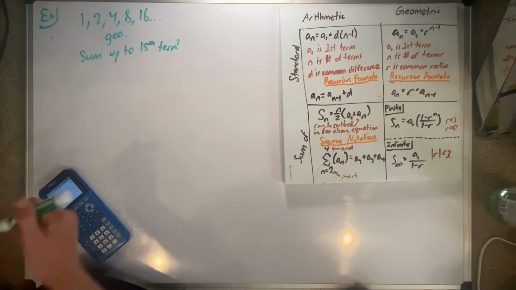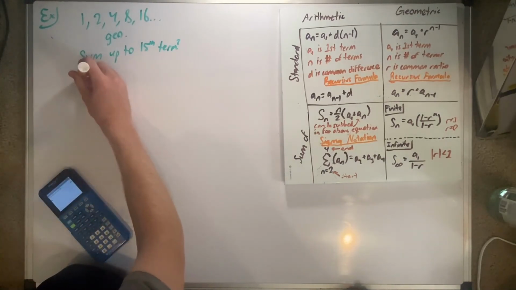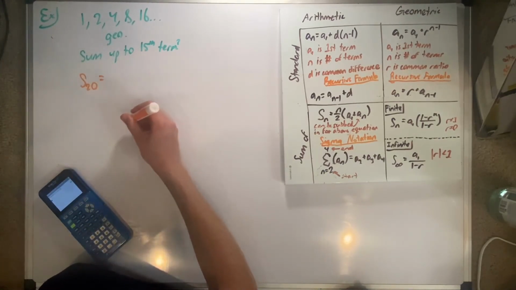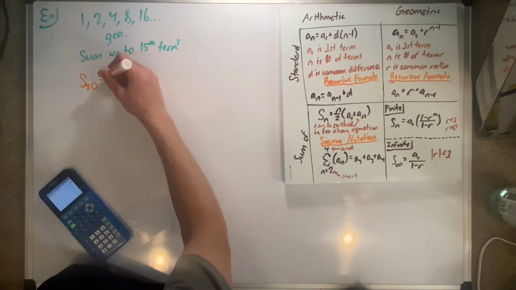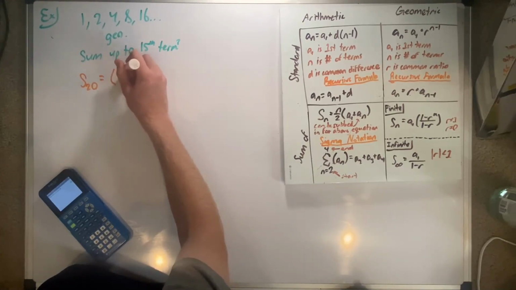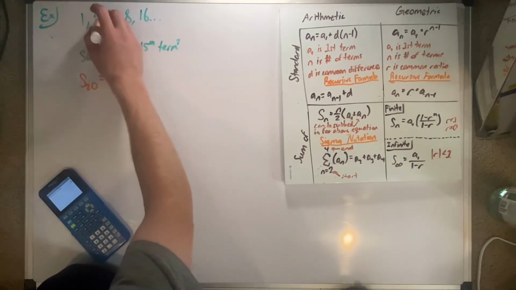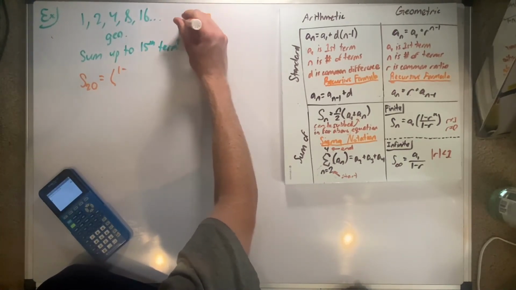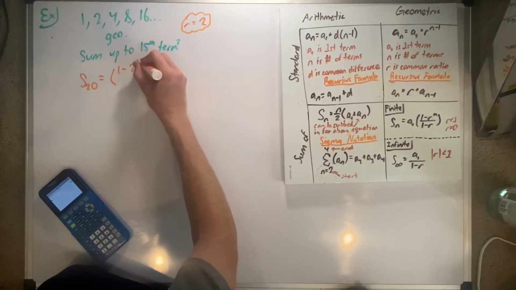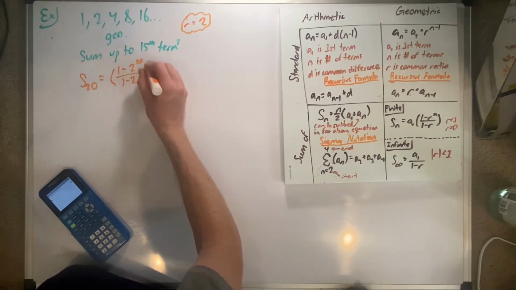So we have, wrong color again. S20 is equal to, and then let's just copy our equation. The first number is 1, so we don't need to do much. We have 1 minus r to the nth power. We need to know our r. This multiplies by 2 every time, so r is equal to 2. So 2 to the 20th power, all over 1 minus 2.